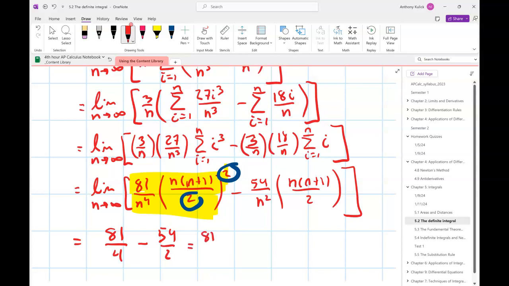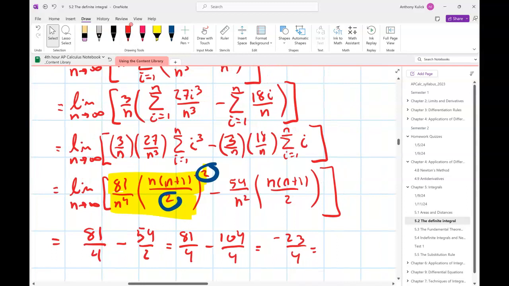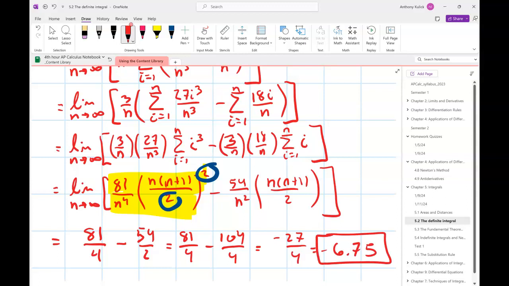And we'll just make a common denominator here and subtract, and I get, what's that, negative 23 over 4, which is like, is that not right? 27, thank you. So it's negative 6.75 is our actual answer. That's crazy.